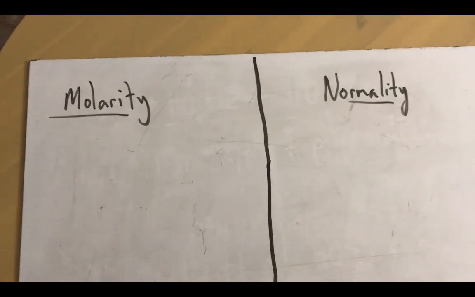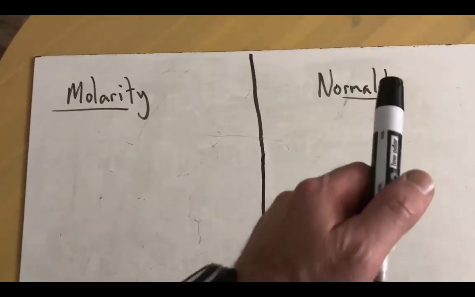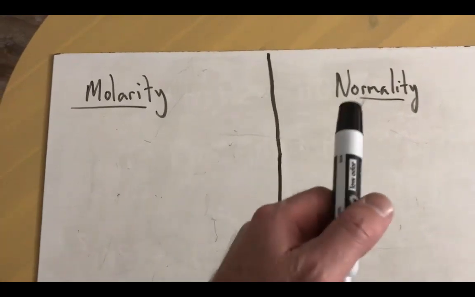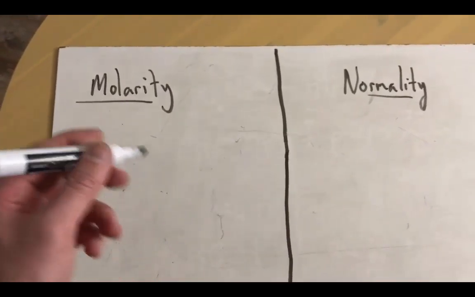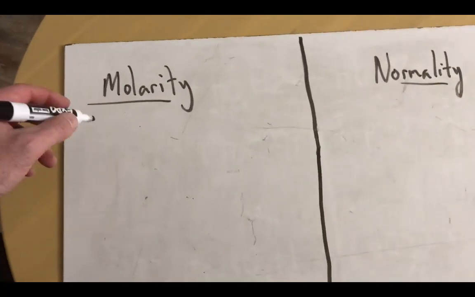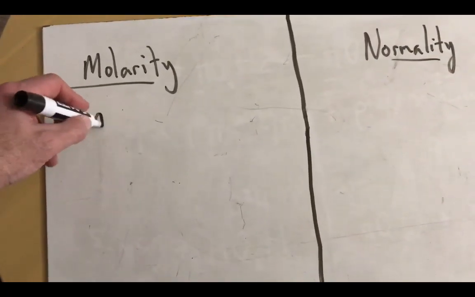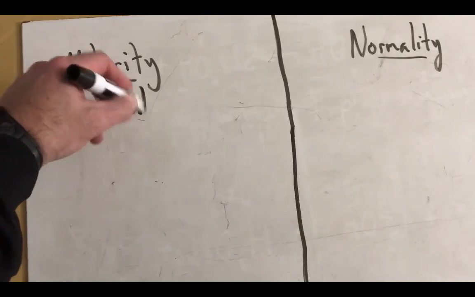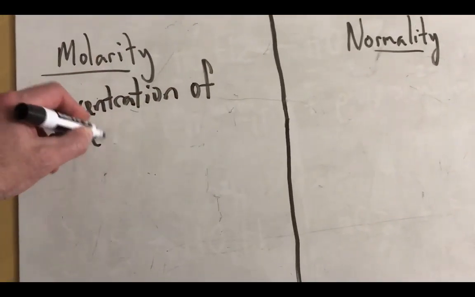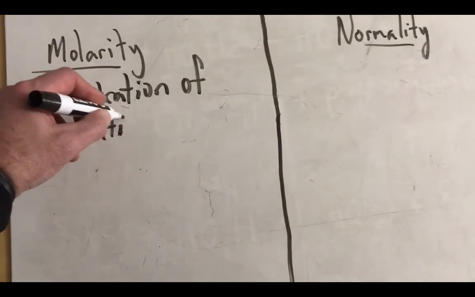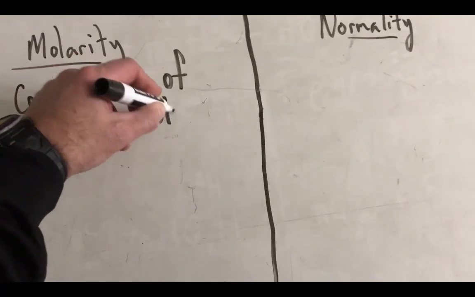Okay, so in this video we're going to talk about normality more than molarity, but we need to know the difference between these two terms, okay? So we've learned about molarity, and molarity was the concentration of an entire solution.